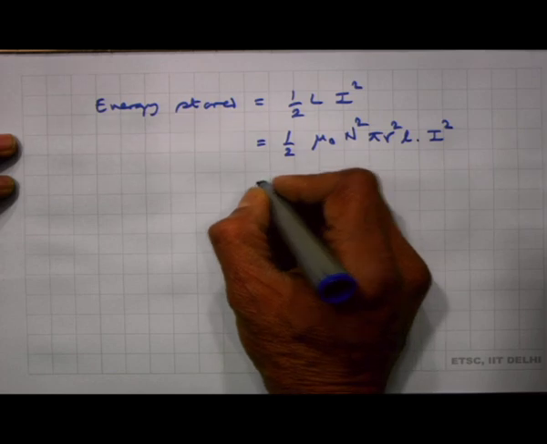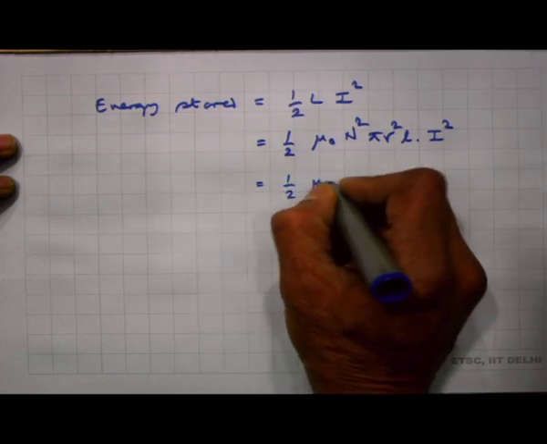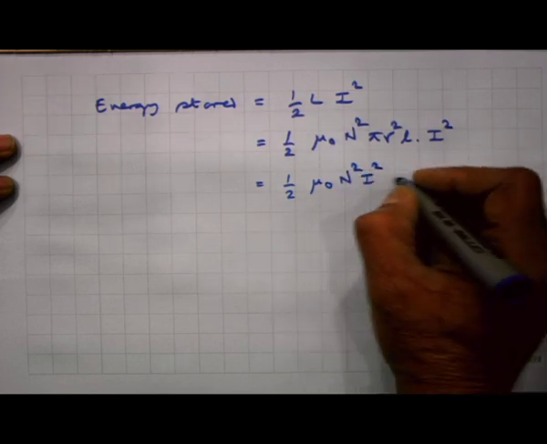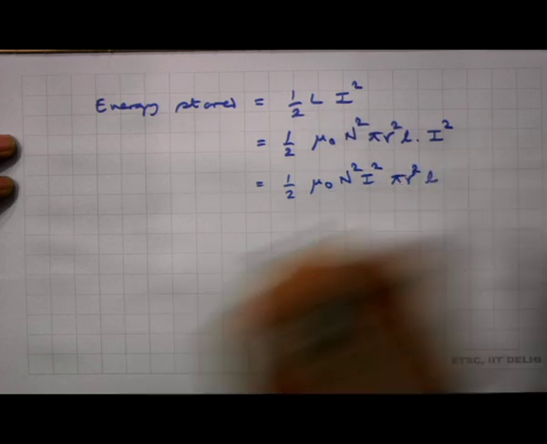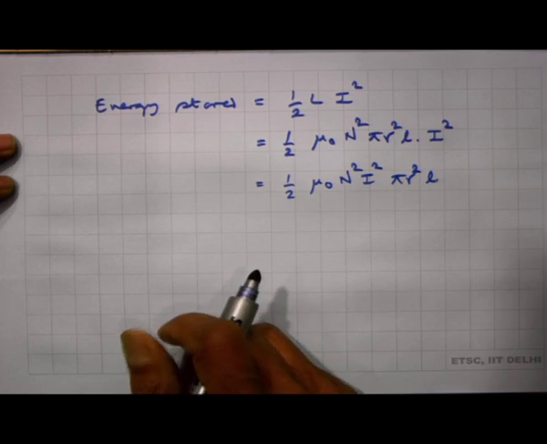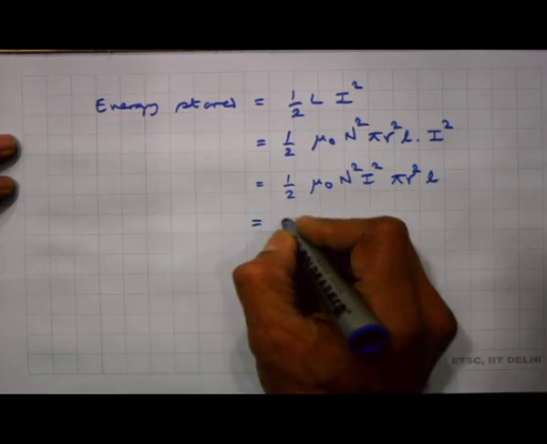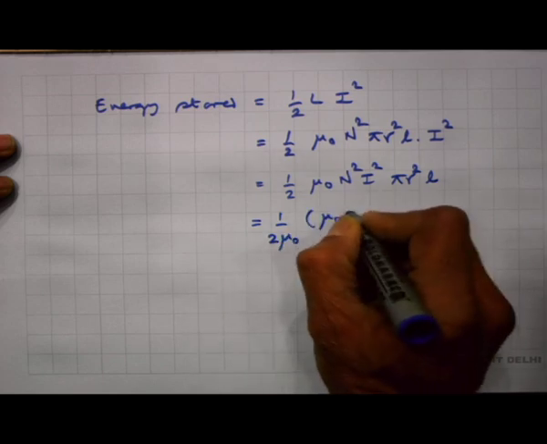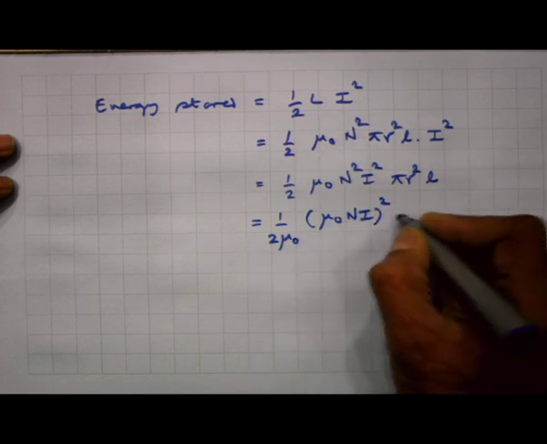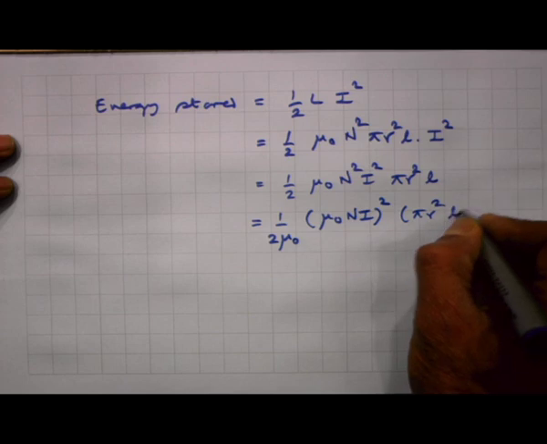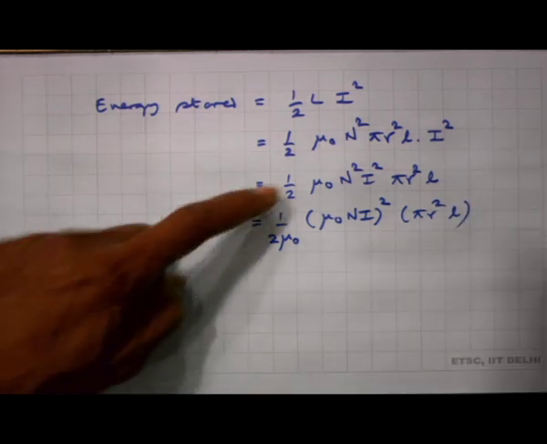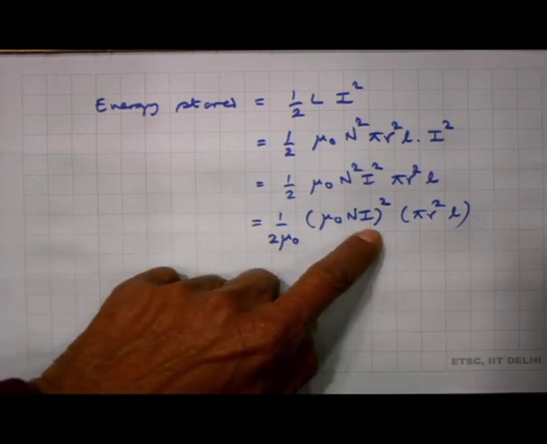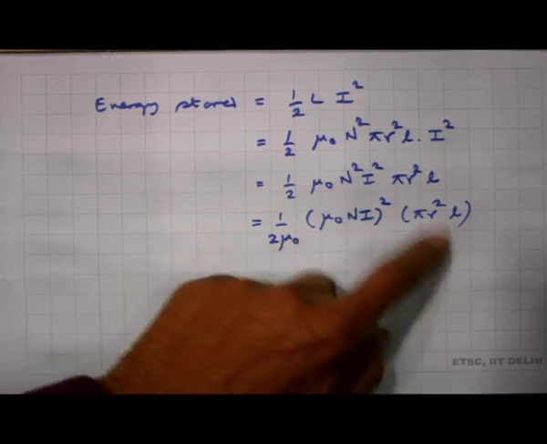So, I can write this as half mu naught n square I square into pi r square into L. Now, let me write this in a slightly different form. I write this as 1 by 2 mu naught, n I whole square, pi r square L. So, I multiply and divide by mu naught, and I write this as 1 by 2 mu naught, n I whole square into pi r square into L.